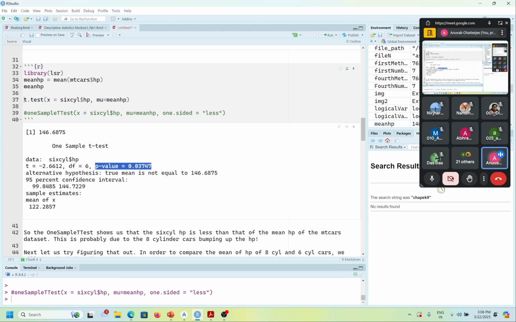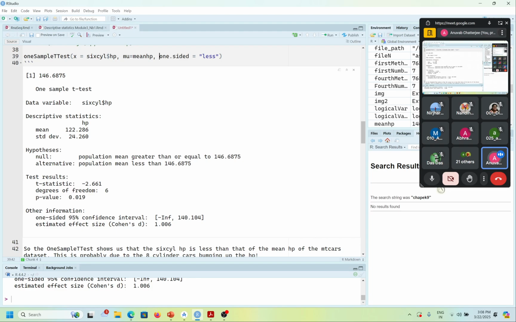For that you will have to run the one sample t-test, which looks very similar to the t-test, but here there is one extra parameter called one-sided. This parameter will take either greater or less in quotes.